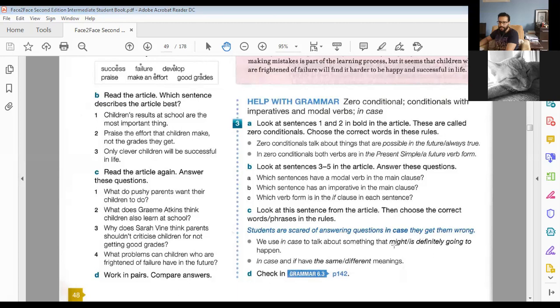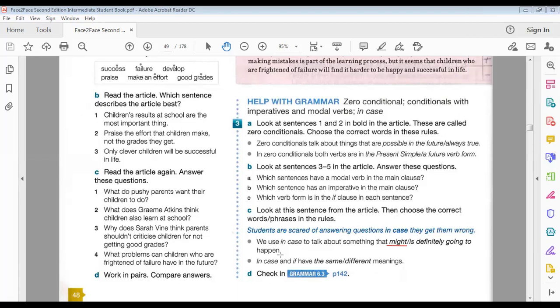Now, what about the second point? In case and if have the same meaning or different meanings? So how can you test if they have the same meaning or different meanings? Just switch them.